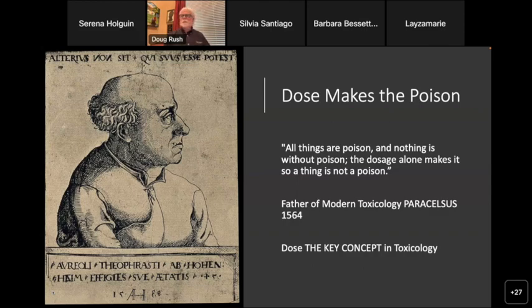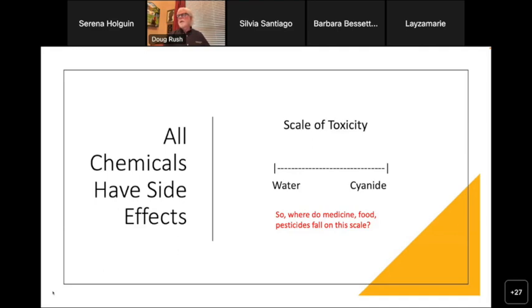Part of the ARECC process evaluates that. And all chemicals have toxicity, but it may not necessarily be the type of chemical. It could be how you're being exposed to it.